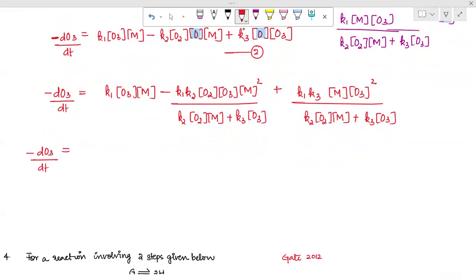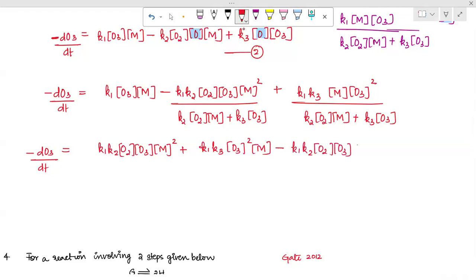So when you cross multiply, K1 into K2 O2 O3 M squared, okay, plus K1 K3 O3 squared M, okay, that's it, minus this term, K1 K2 O2 O3 M squared plus K1 K3 M O3 squared.